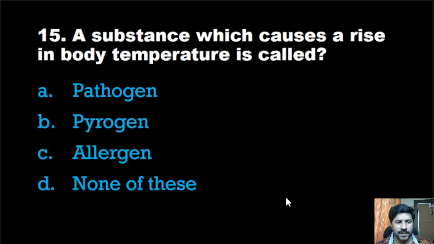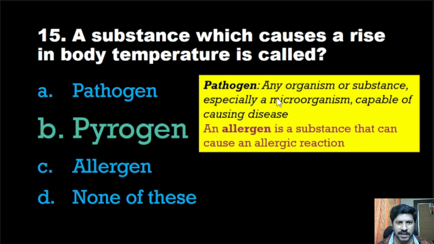Correct answer, pyrogen. Pathogen means any organism or substance, especially a microorganism, capable of causing disease. Allergen means any substance that causes allergic reactions.